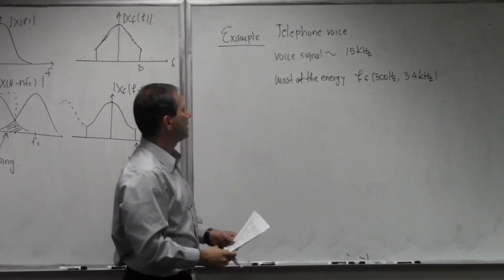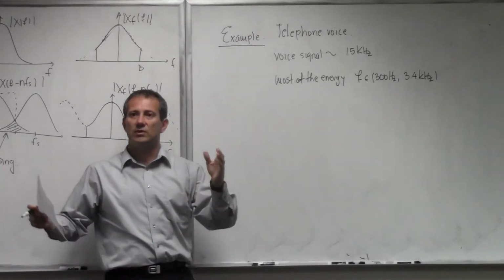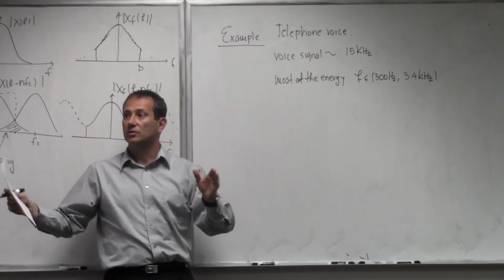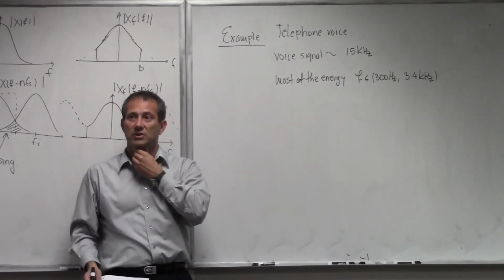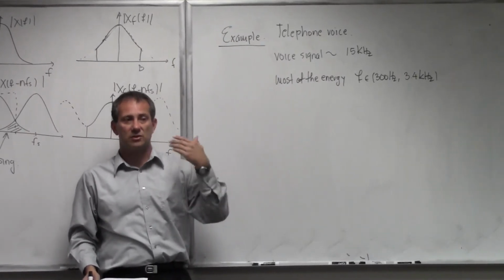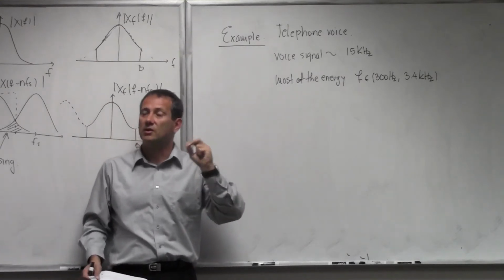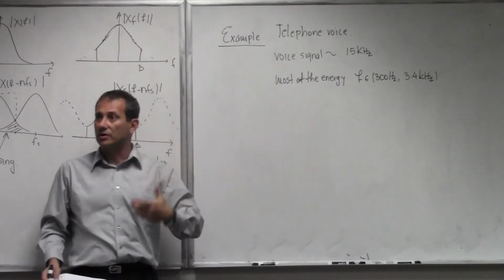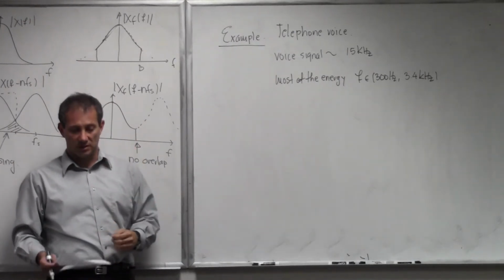I forgot exactly the percentage, but I think 99% of energy is within the range from 300 hertz to 3.4 kilohertz. That's where our speech is. This is also where our ears are the most sensitive, and that's not by accident. Right? Our ears are the most sensitive around 1 kilohertz, and that's where the majority of what we produce as speech is actually centered.